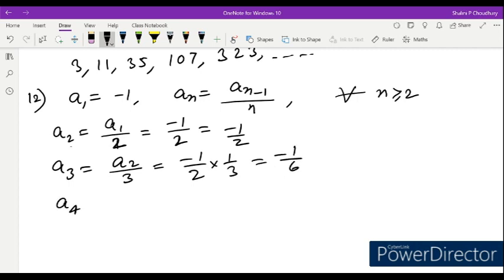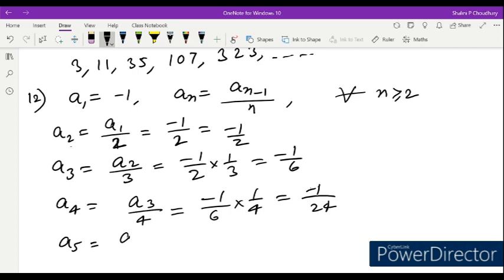Now a4 will be equal to a3 upon 4, so a3 is minus 1 upon 6, and so a4 is minus 1 upon 24. Now a5 will be equal to a4 upon 5, that will be minus 1 upon 24 into 1 upon 5, that is minus 1 upon 120.